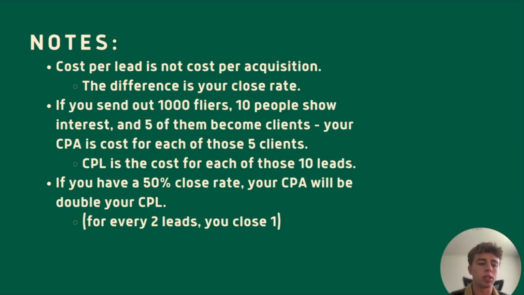The cost per acquisition is the cost per lead that closes into being a client. So if you have a 50% close rate, your CPA will be double your CPL. Your cost per acquisition of a client will be double the cost per lead because for every 2 leads, you close 1. That's what a 50% close ratio is.